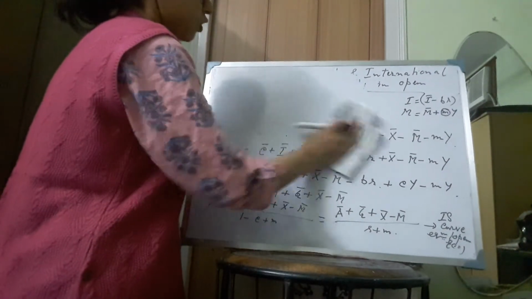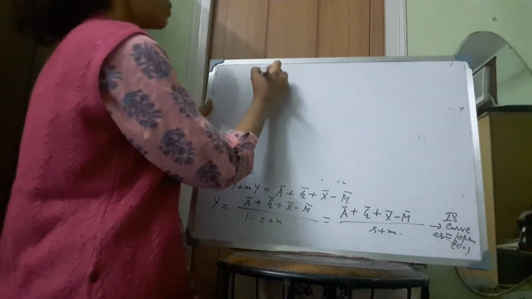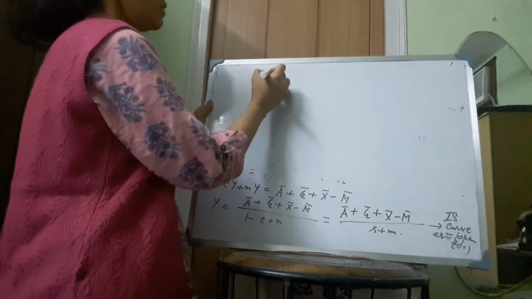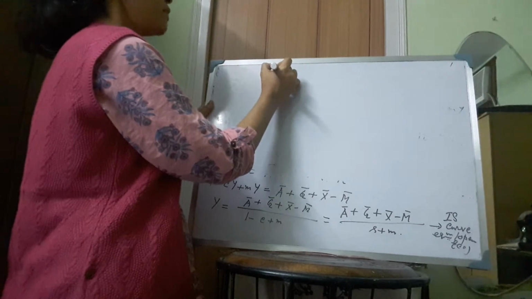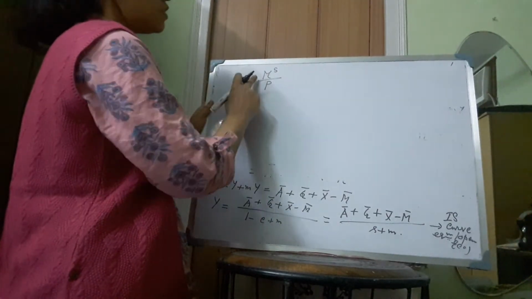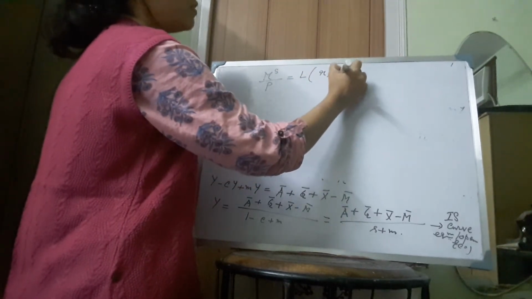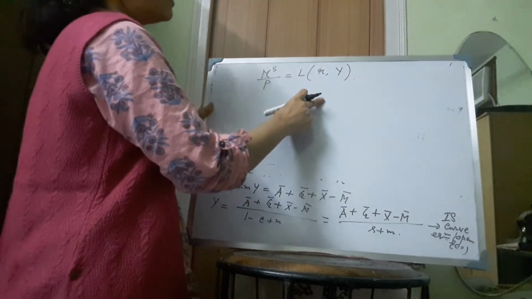Next we consider the LM curve equation for the open economy, and for that we need to consider the money market equilibrium. So in the money market, the total money supply is denoted by MS, and P is the price level. So real balance of money is a function of the rate of interest and Y. We know that.